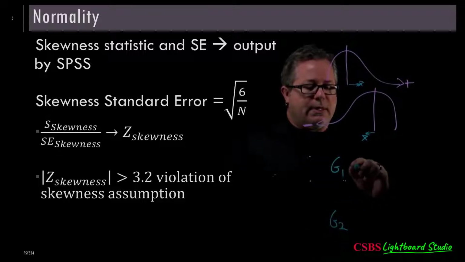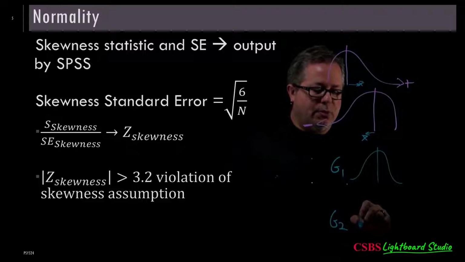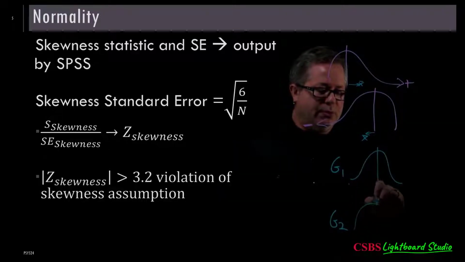The fear is that group 1 is normally distributed, group 2 is skewed, and we get a mean difference where this is the mean for group 1, and this mean gets pulled up here for group 2. It's not a startling difference.